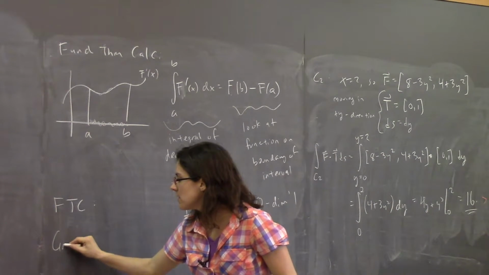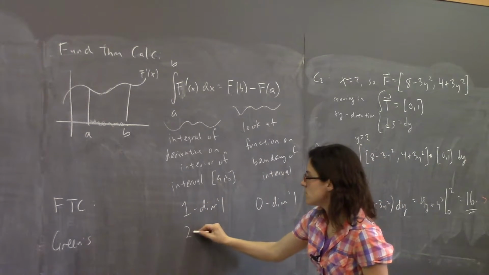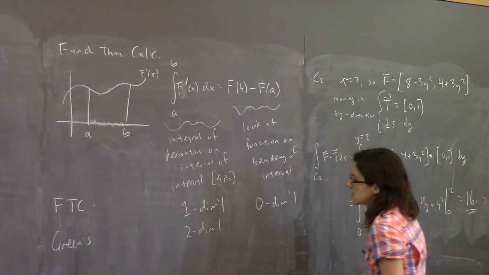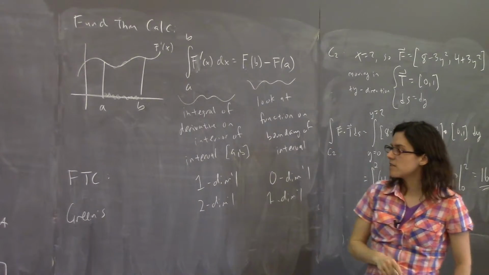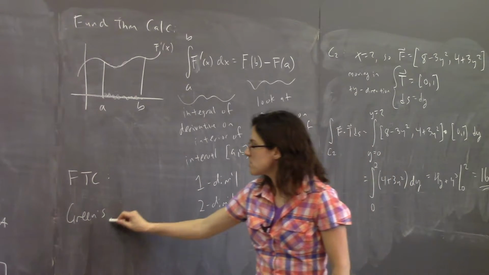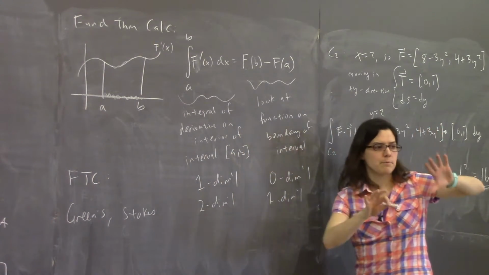And Green's theorem relates the interior, which is two-dimensional, the region that we're integrating over, to the boundary, which is one-dimensional, just the curve.